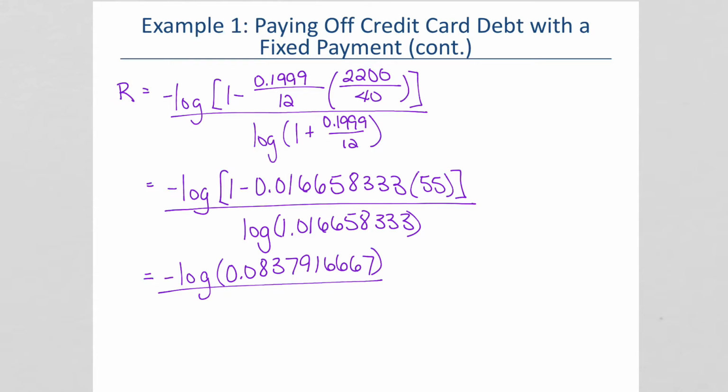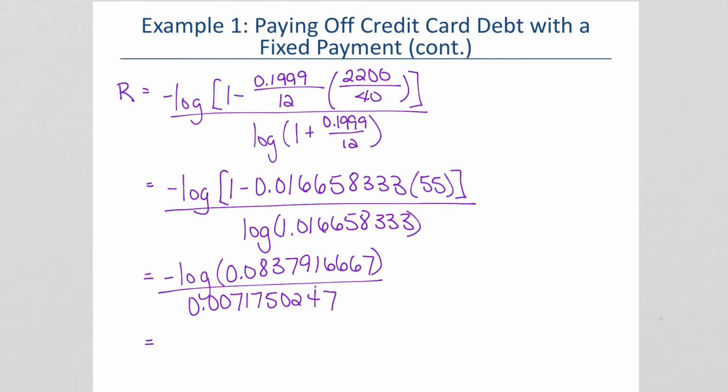You just find the log button. On a graphing calculator, it's the fourth button on the left from the bottom. And that would be 0.0071750247.